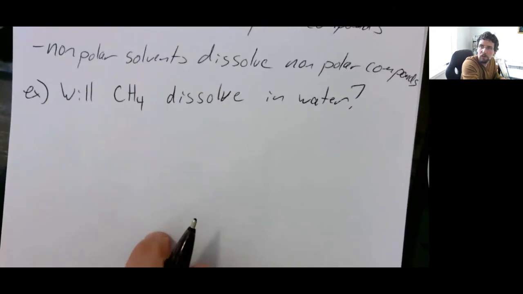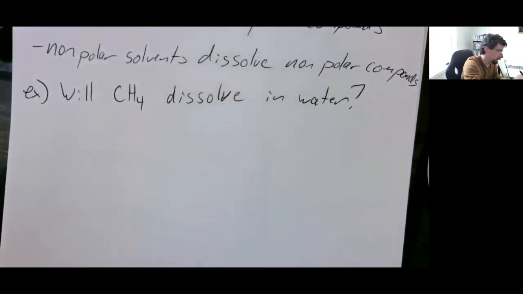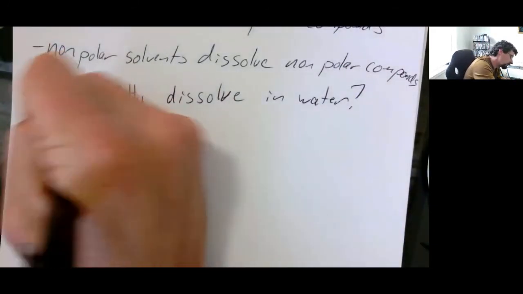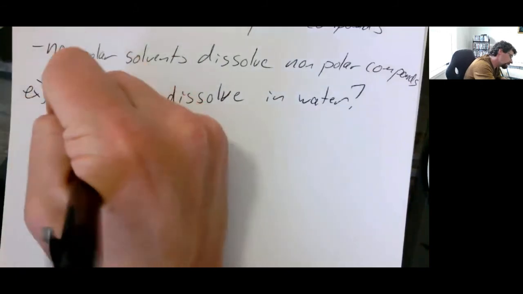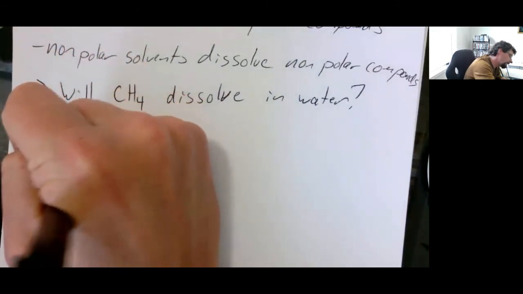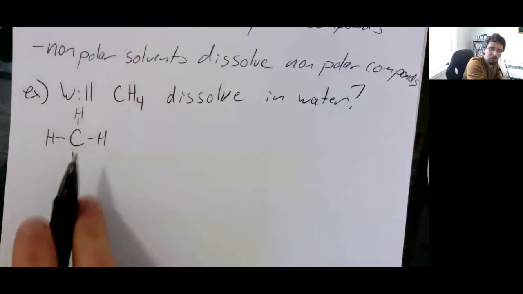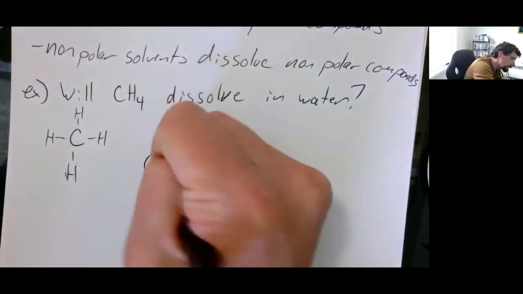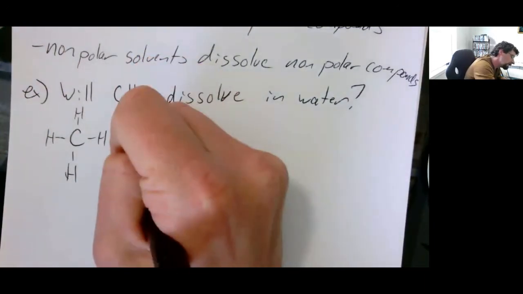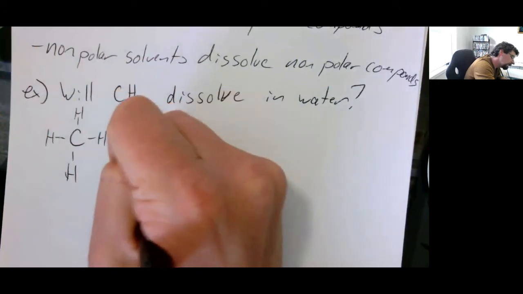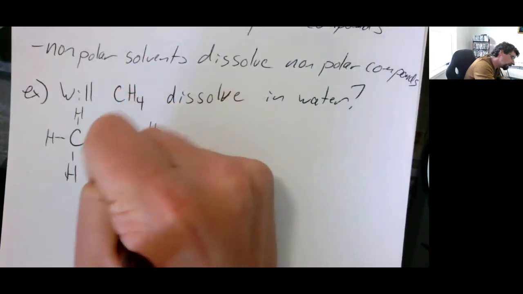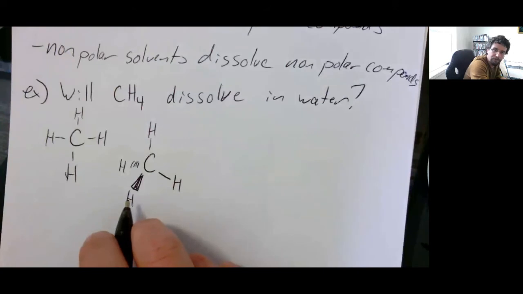So let's consider the Lewis structures of these and the three-dimensional structures of these. So we draw out methane. It's pretty simple. We know that even though it's drawn flat, the actual shape of it is a tetrahedral arrangement where these bonds are approximately 109.5 degrees away from one another.